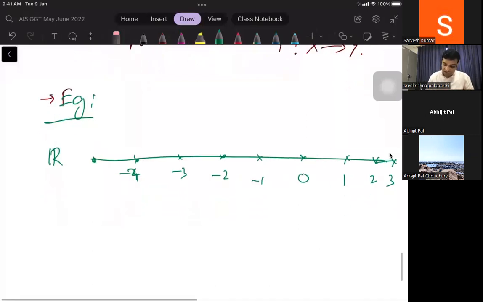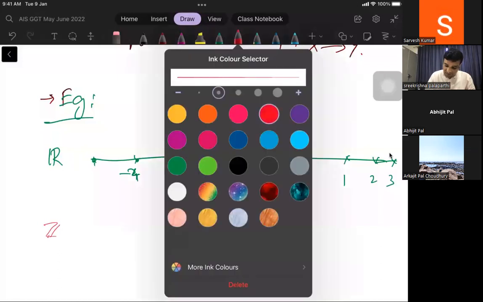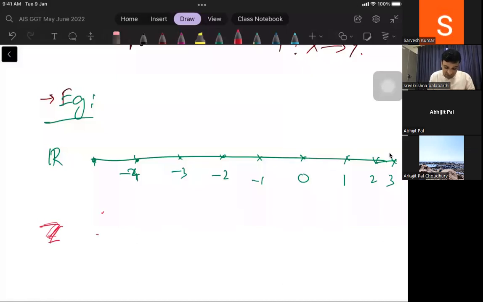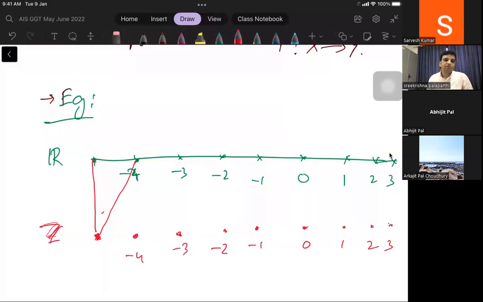And then you can take the space of integers, so I'll write -4, -3. This is the vertex set of the Cayley graph of Z, but we are still not talking about groups yet. We are just talking about metric spaces.